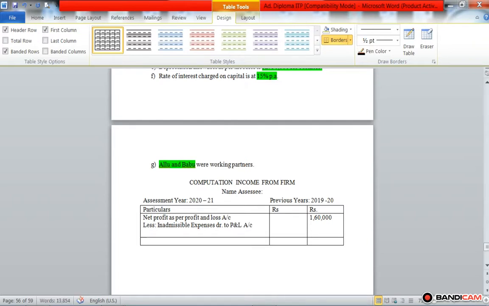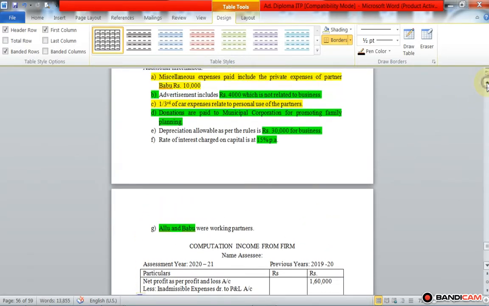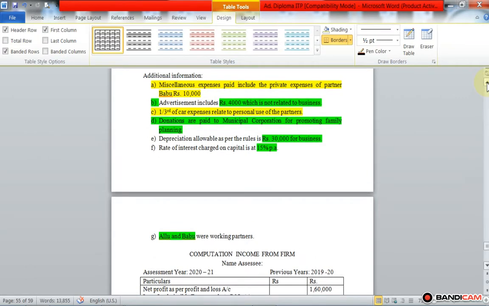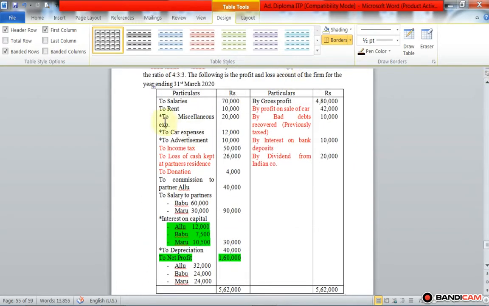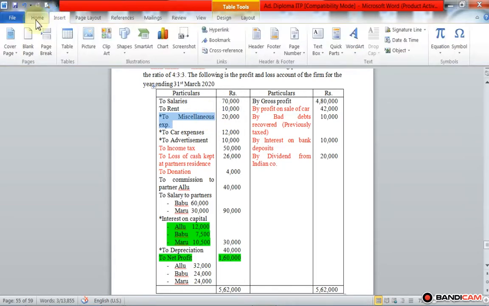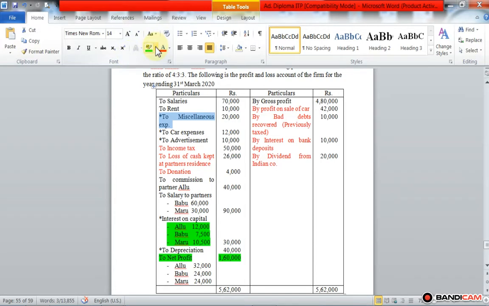Okay, so here the expenses which are not related to the firm are added to net profit. So we find out the expenses, and we start from additional information, that is miscellaneous expenditure included. So highlight the miscellaneous expenditure because we consider it in computing the income from firm.